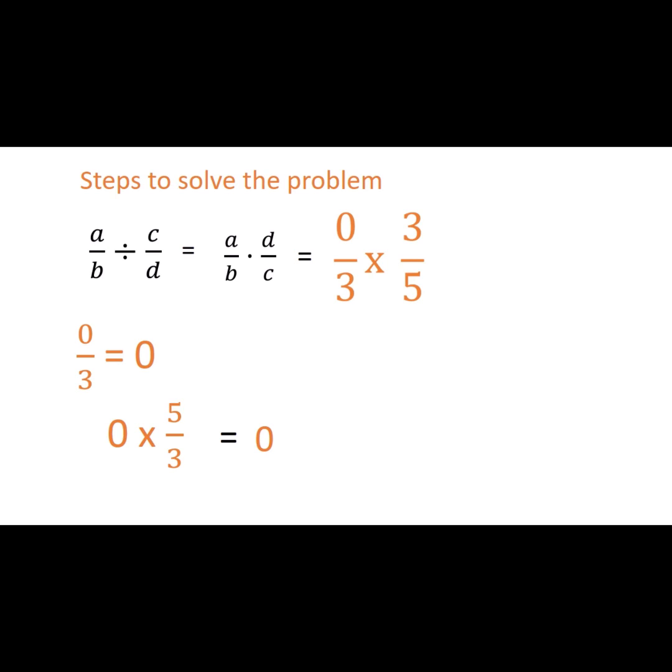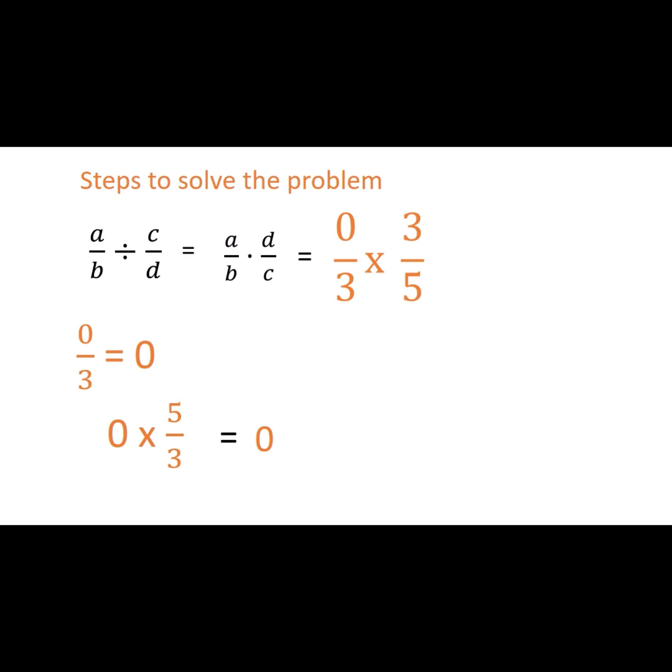And we know it looks like 0 divided by 1. Even if you multiply 0 by 5, you get 0, and you multiply 3 by 1, you still get 3, but you have 0 divided by 3, and the final answer should be 0.